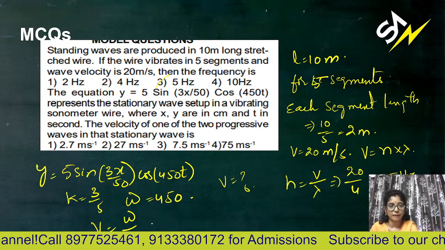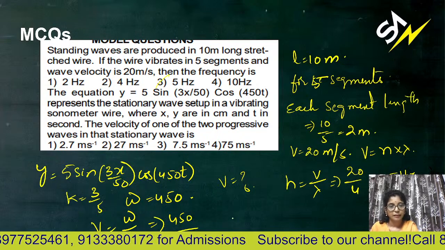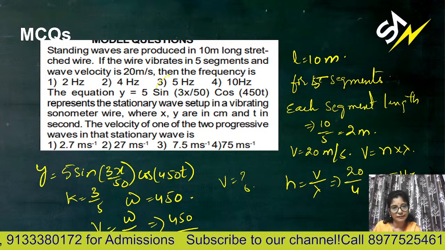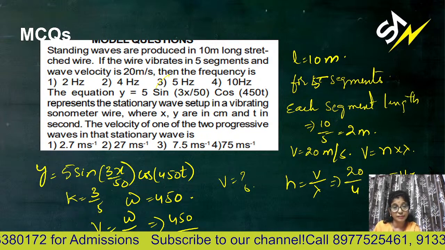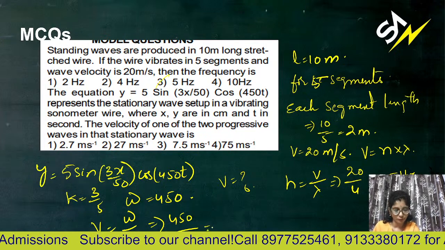V is equal to omega by k. This is the formula we have, that is 450 by 3 by 50. But I think this is in centimeters, and the answer is given in meters, so we need to convert that into meters.